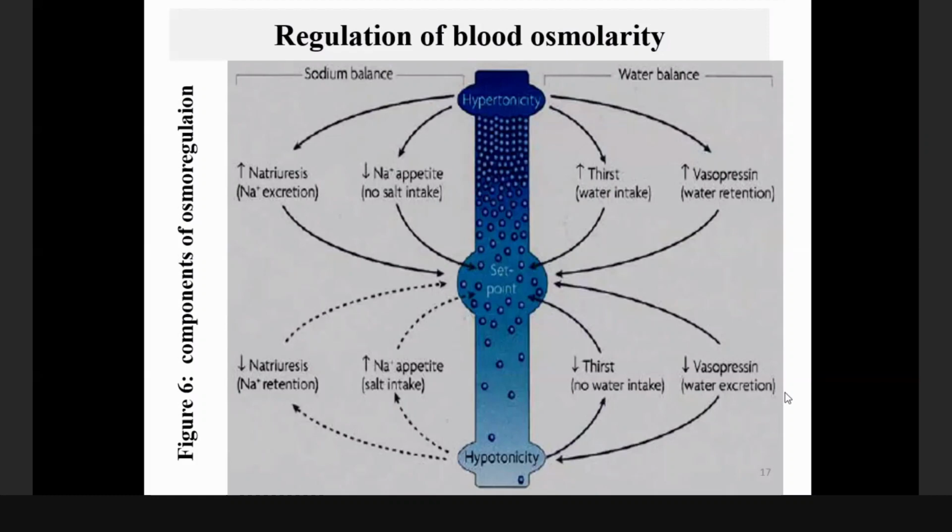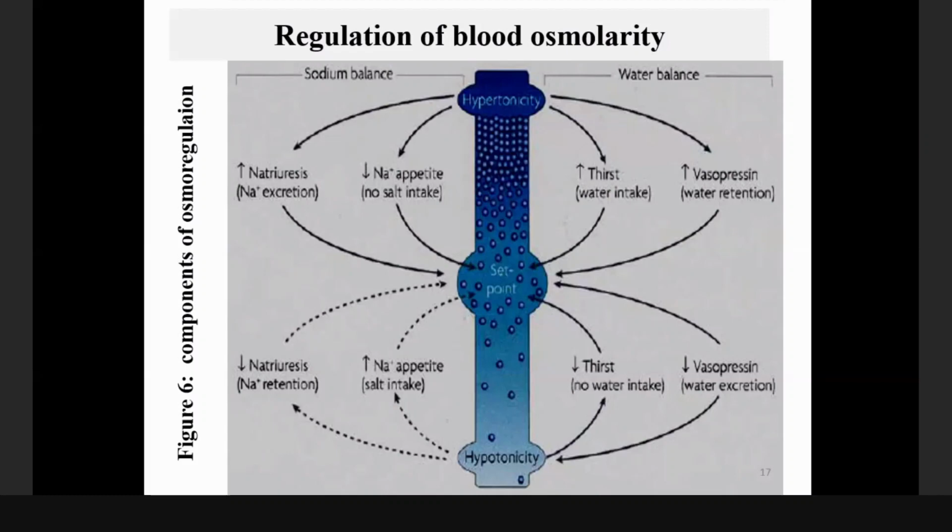The other is what is called vasopressin. Vasopressin is a hormone, or it's called anti-diuretic hormone. You should know that. Why is it called vasopressin? Because it narrows or constricts the blood vessels through which blood flows in your body. Since it constricts the blood vessels, it's called vasopressin.